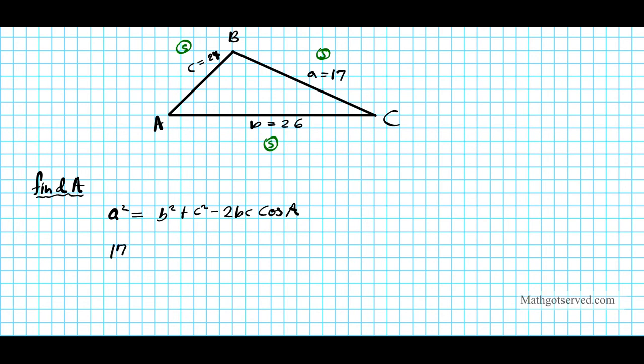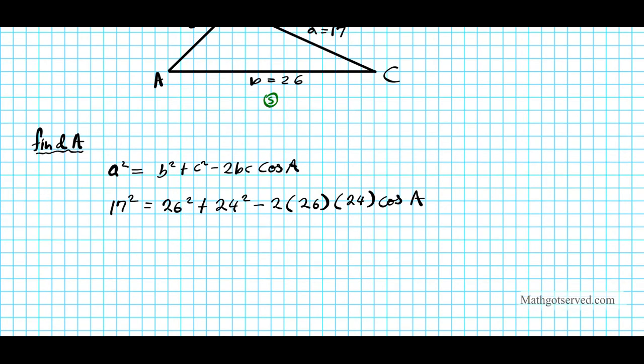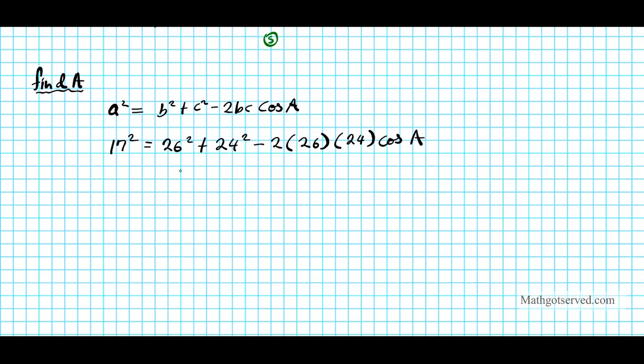So we have 17 squared equals 26 squared plus 24 squared minus 2 times 26 times 24 cosine A. Okay, we're looking for A in this problem. All right, now instead of simplifying, I want to get cosine A isolated first.